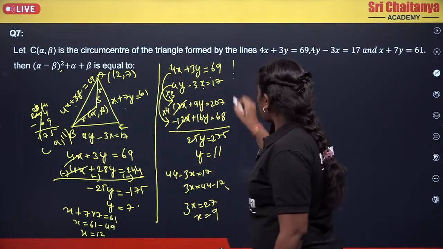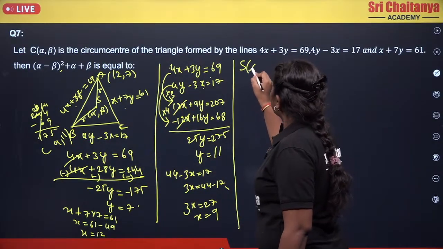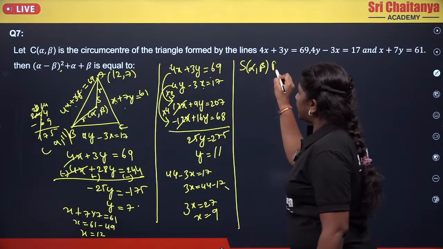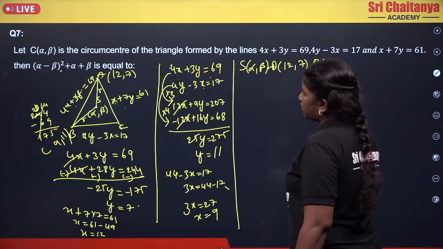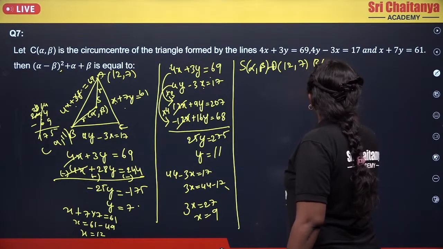Okay, so now let's take our S, which is alpha comma beta, and A, which is 12 comma 7, and B, which is 9 comma 11.